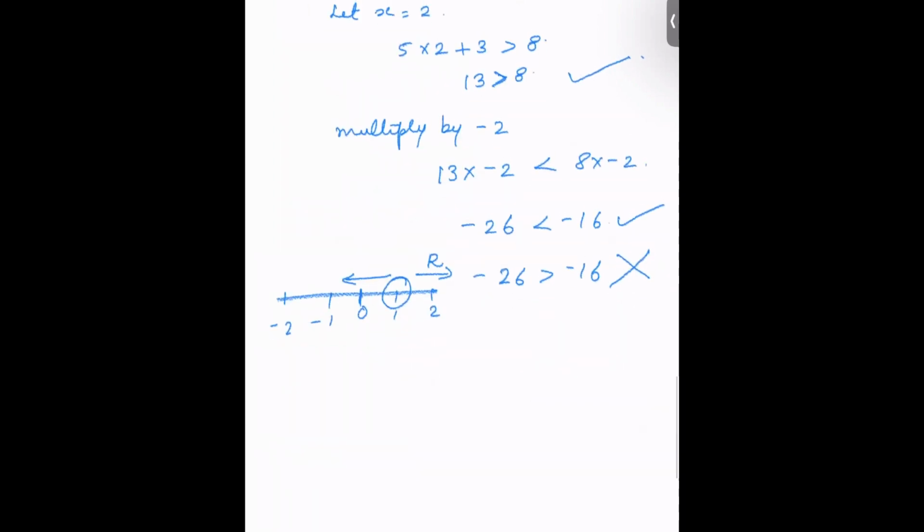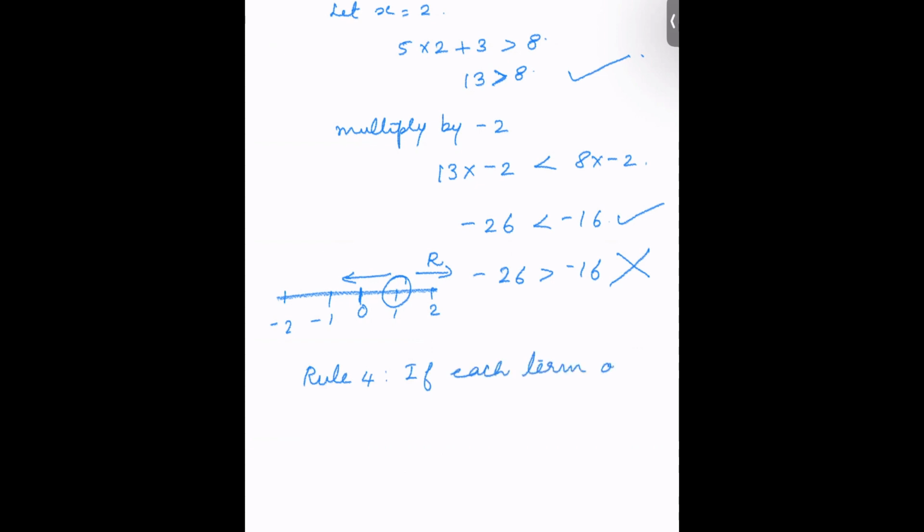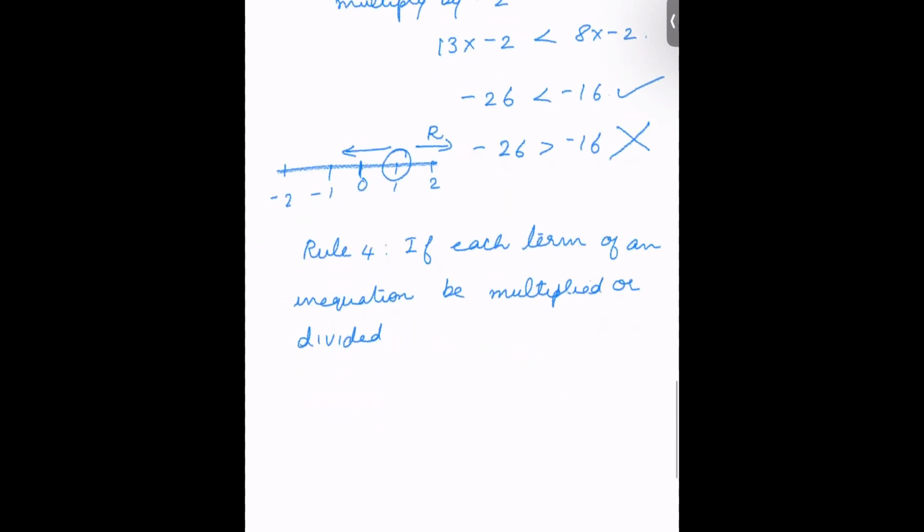Rule number 4 is: if each term of an inequation be multiplied or divided by the same negative number, the sign of inequality reverses.